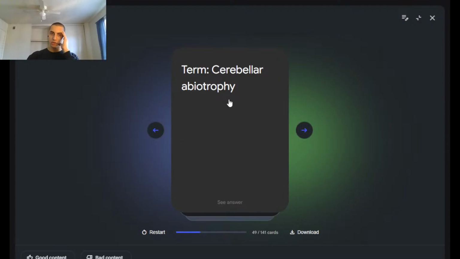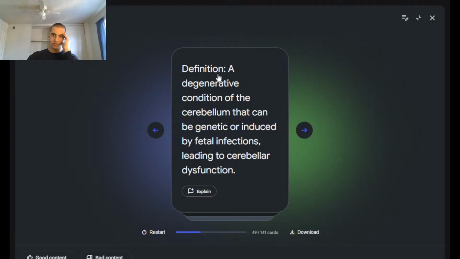Cerebellar abiotrophy is a degenerative condition of the cerebellum that can be genetic or induced by fetal infections, leading to cerebellar dysfunction.